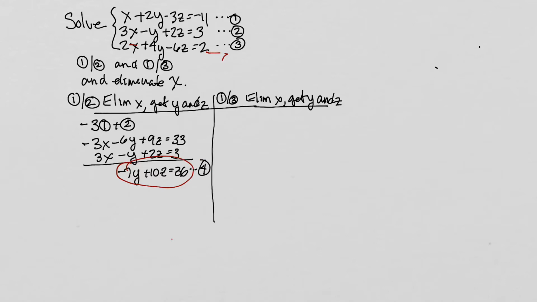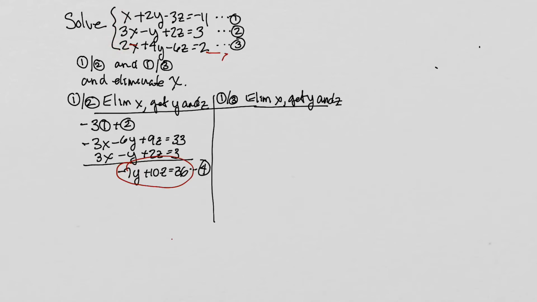All right, so now what we'll do is use equations 1 and 3 and eliminate x. So let's give this a try. So let's look at 1 and 3. The smallest number these coefficients divide into is 2, so let's make them opposites. We'll multiply the top equation by -2.